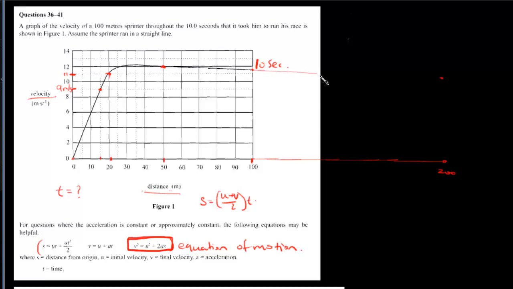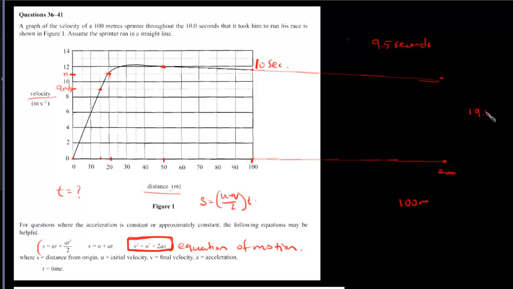I'm just going to draw some random point, and this is going to take from here to here 9.5 seconds. Whatever that is, it means it ran 100 meters in 9.5 seconds, because this whole thing is 19.5 seconds.